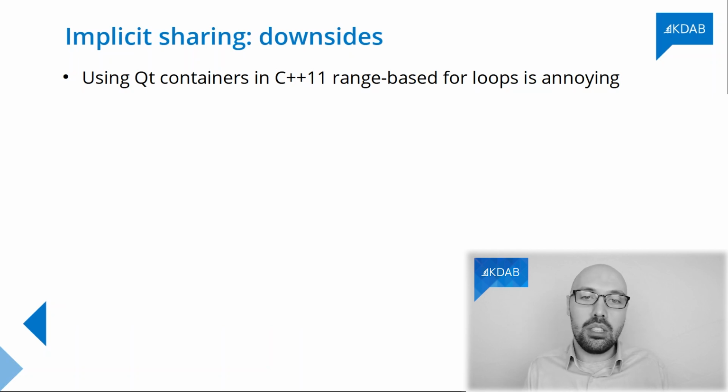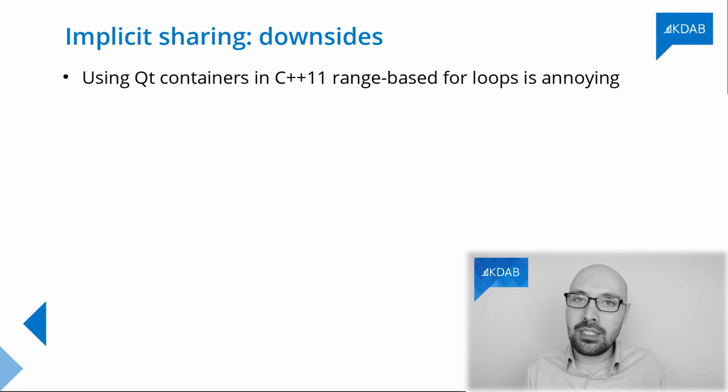Another couple of more interesting aspects of this is that this detaching mechanism may have side effects that you don't intend to happen. In some cases, these may be just a performance hit, so something that you should be aware of that may cause an unexpected memory allocation. But in some very corner cases, these may actually introduce bugs inside your program. Don't be too scared.